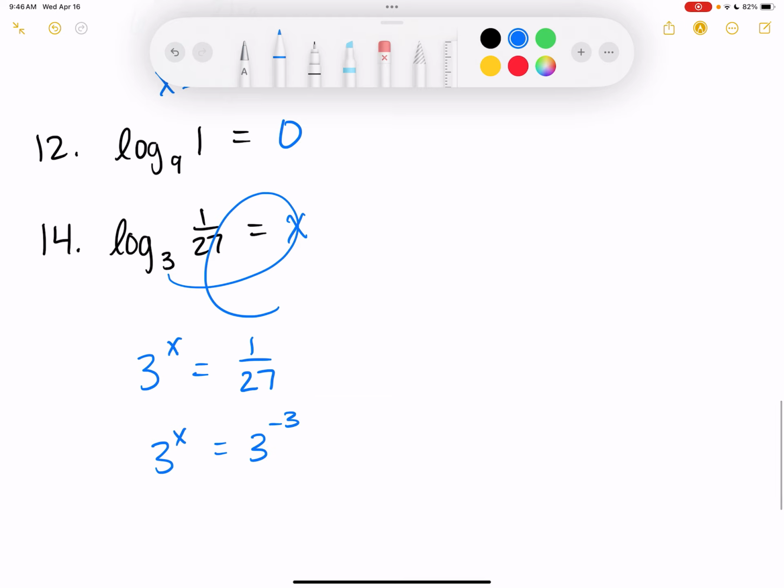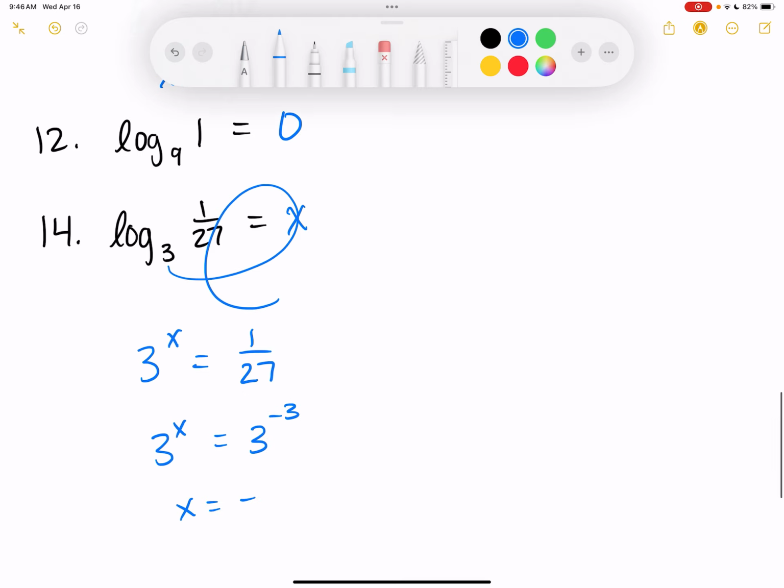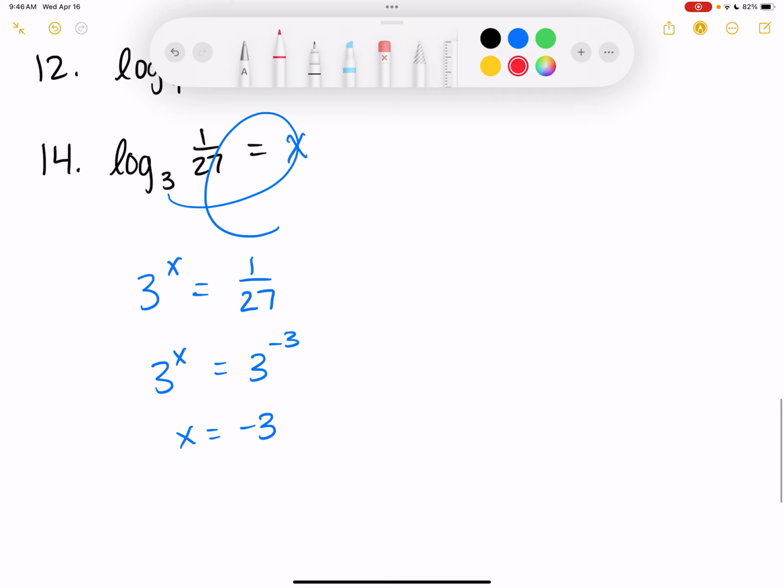These have the same base, so their exponents must be the same. So that would be -3. Because if a to the x is equal to a to the b, x must be equal to b.